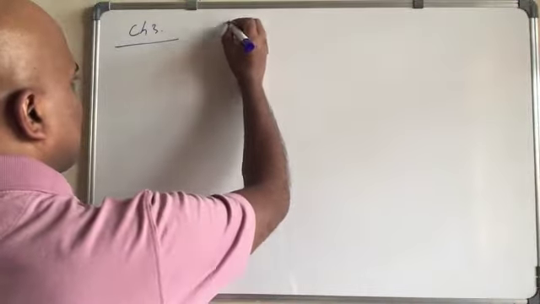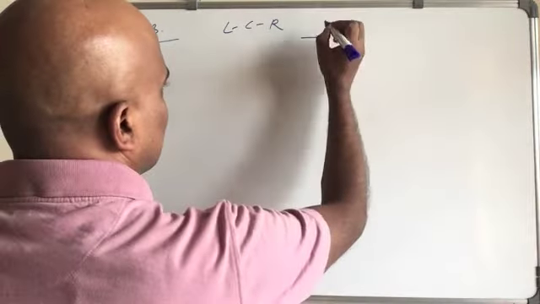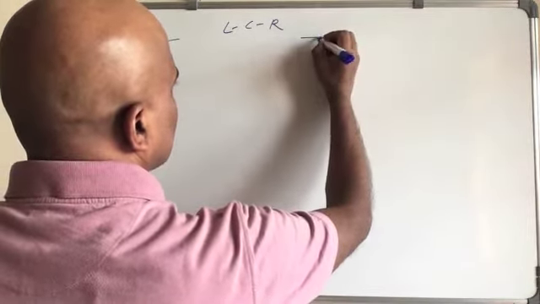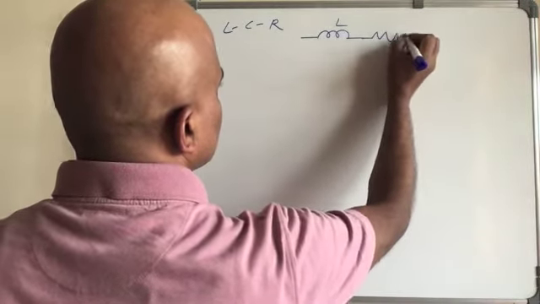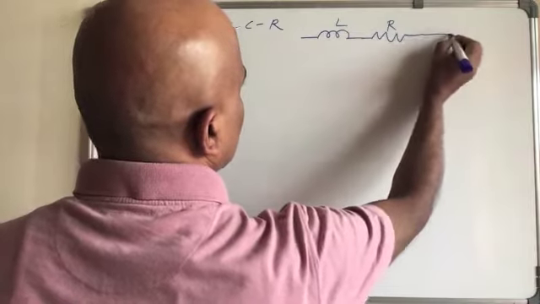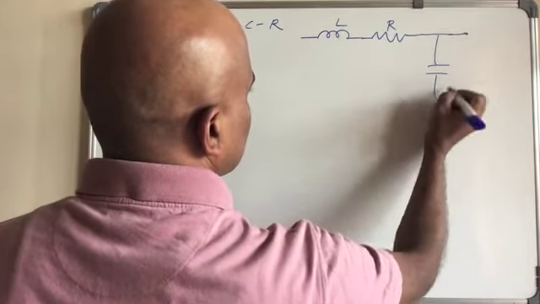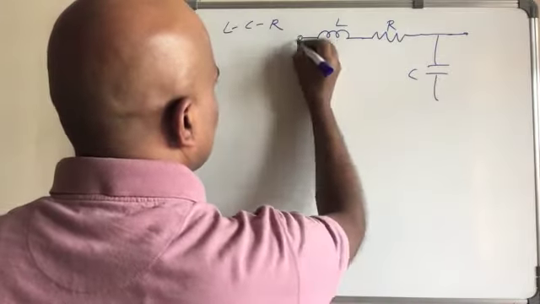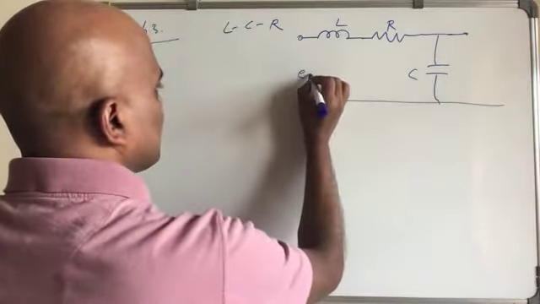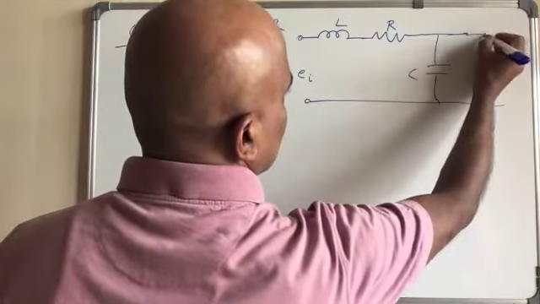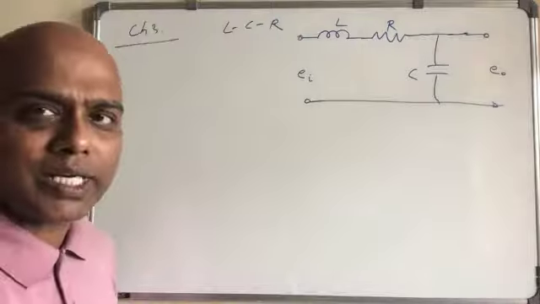So if you remember, in the LCR circuit we had an inductor, and then we had a resistance R, and then the capacitance C, and this was the input voltage and this is the output voltage EO, and we found out the relationship.